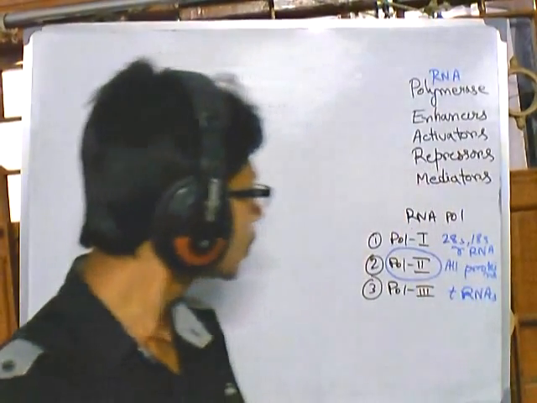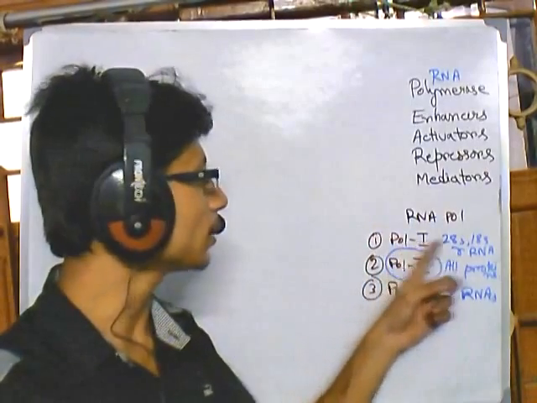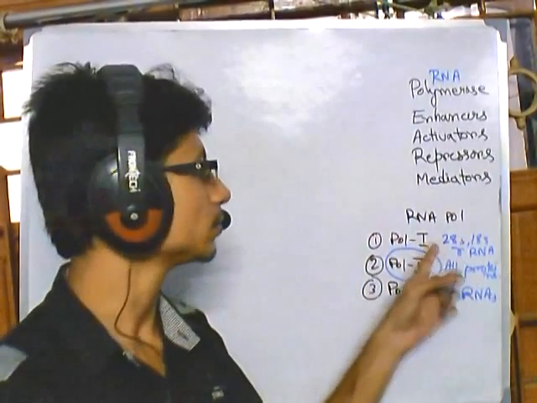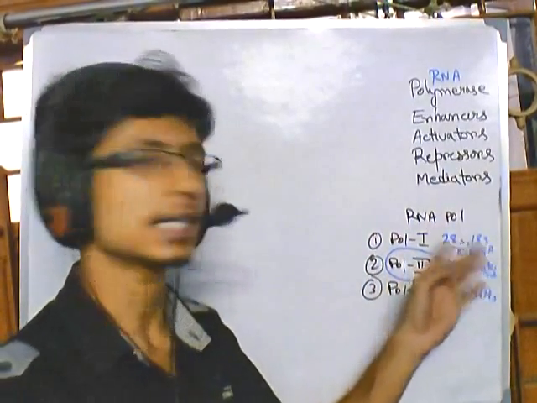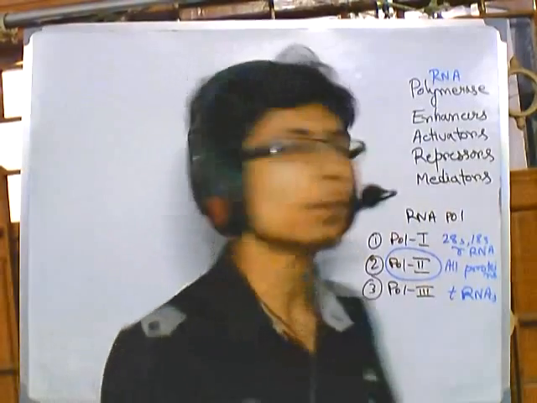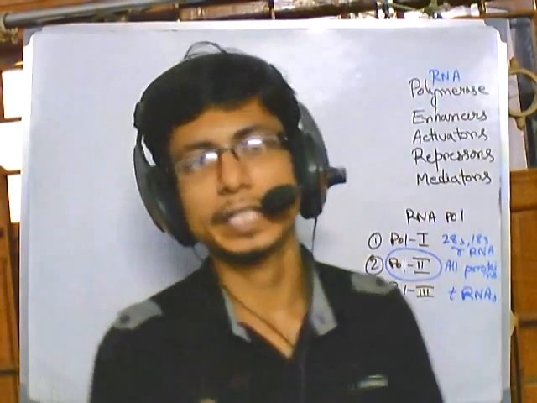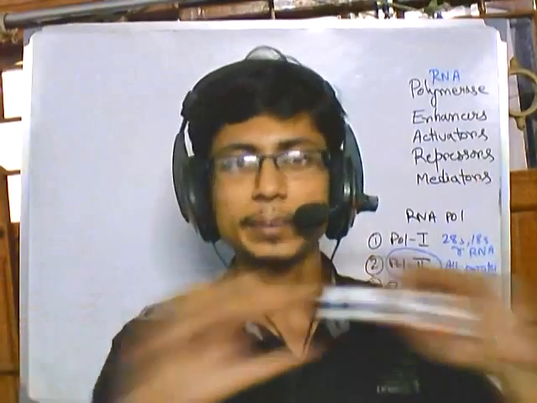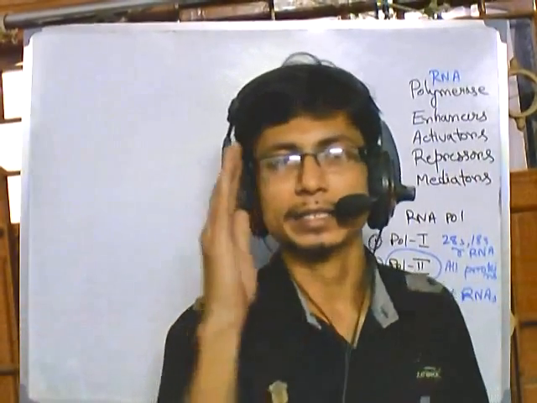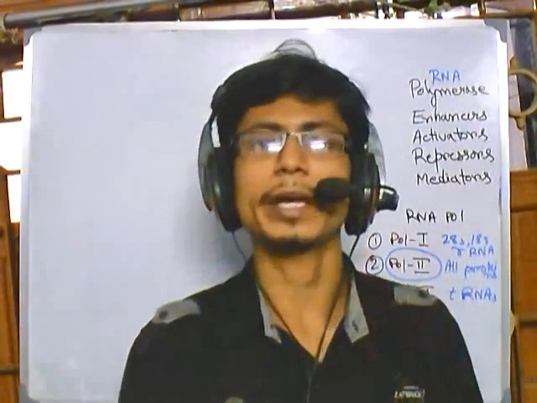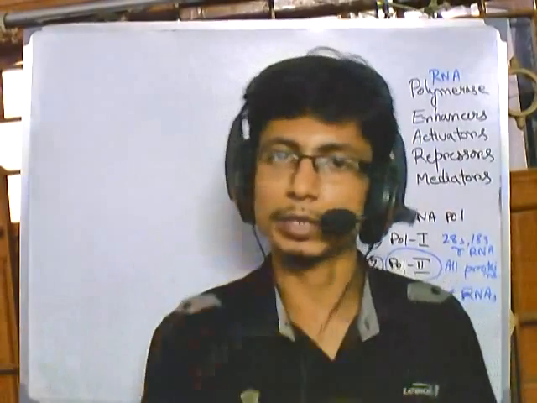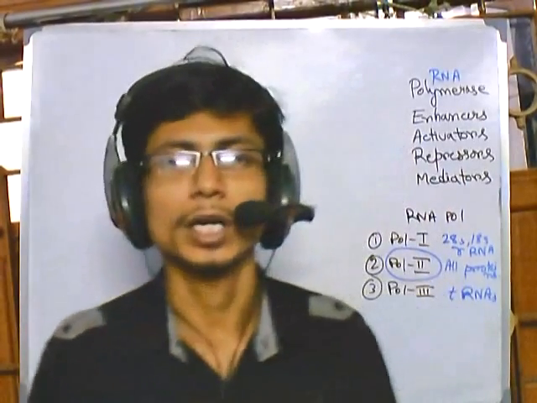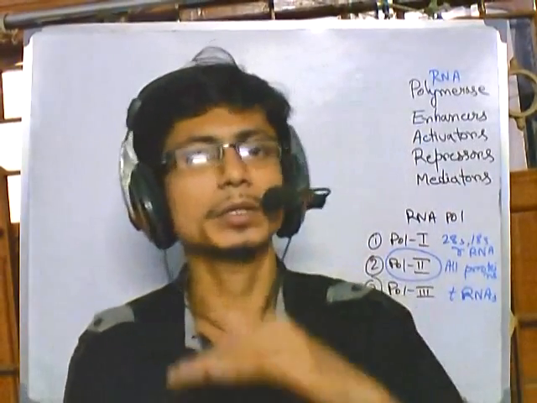Okay, so we know that this is polymerase I, coding for producing 28S and 18S rRNA. Now in each of these lectures we are going to see the structure of the DNA and the sequence of the DNA and the region inside the DNA where activators or mediators are going to bind, and also the regions where the polymerases are going to attach.